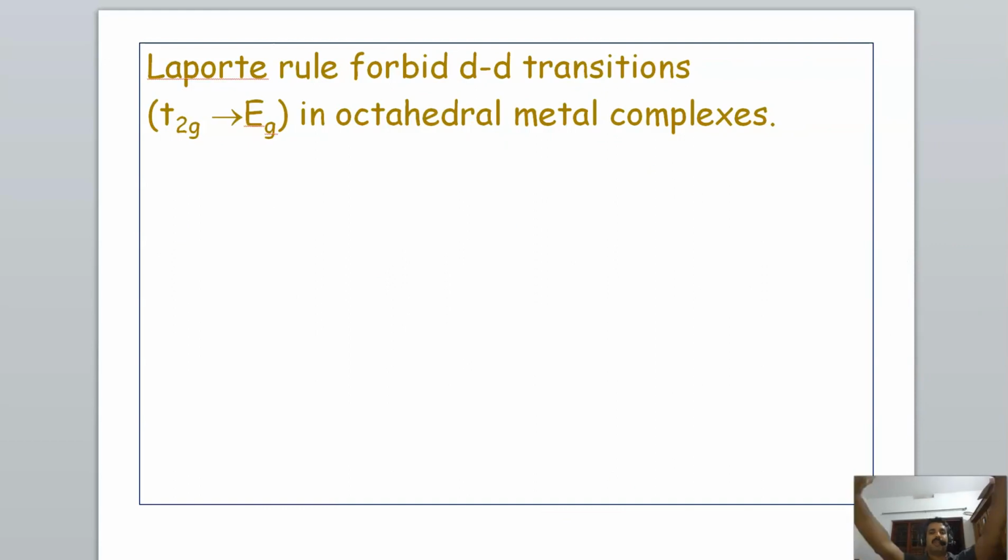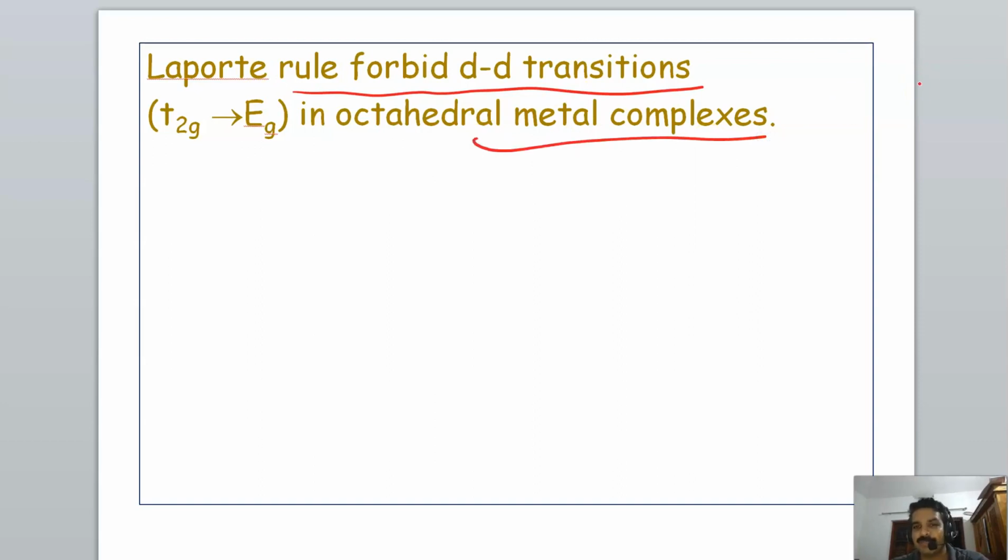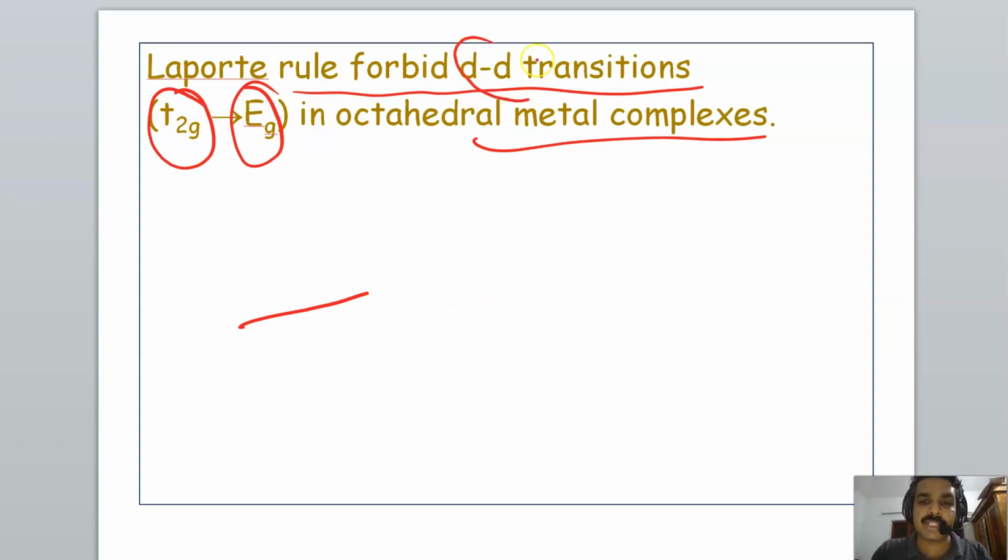And the last point is this one. The Laporte rule forbids d-d transitions in octahedral metal complexes. Because in octahedral complexes, the transition is from T2G to EG. You remember in the lower class you have studied that the d-d transition is actually from T2G to EG.